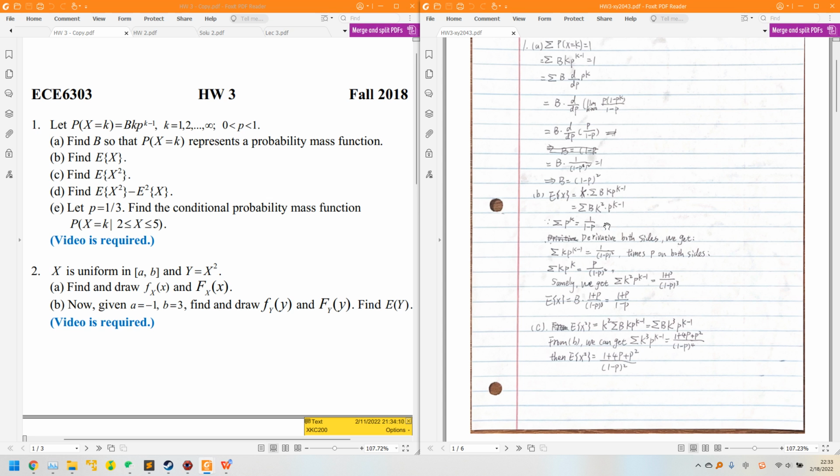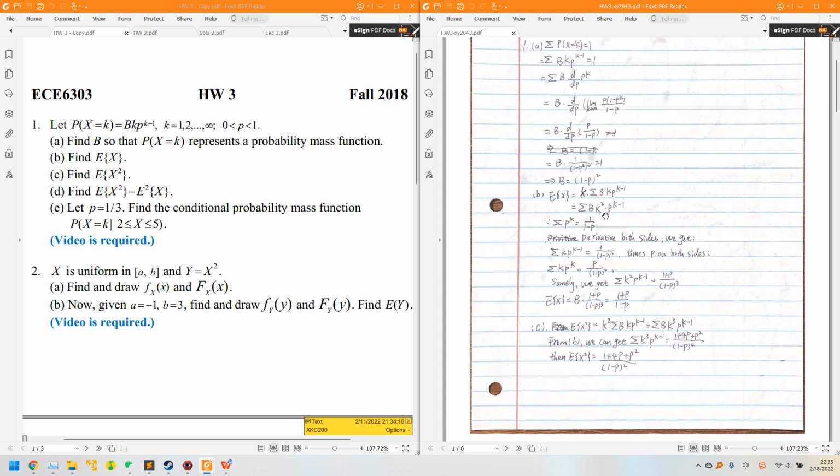And because the sum of p to the power of k is 1 over 1 minus p, we can take the derivative of both sides, and we can get this equation.